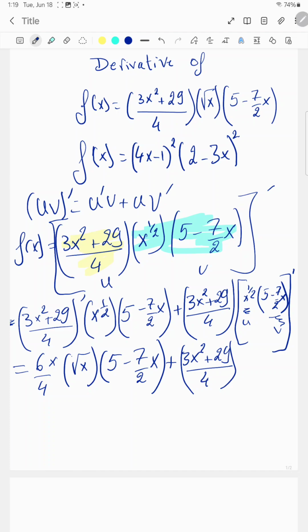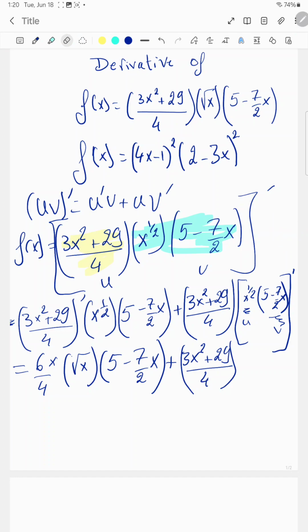So it is u prime v, and I know the derivative of x to the power 1/2 is 1/2 x to the power 1 minus 1/2, and 1 minus 1/2 is minus 1/2. Let's write it down.